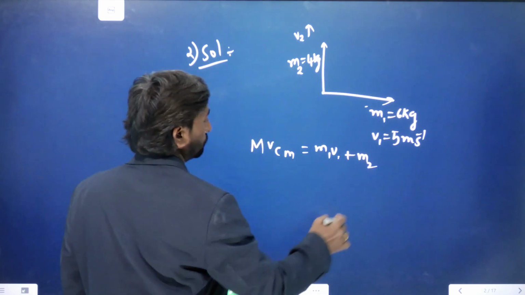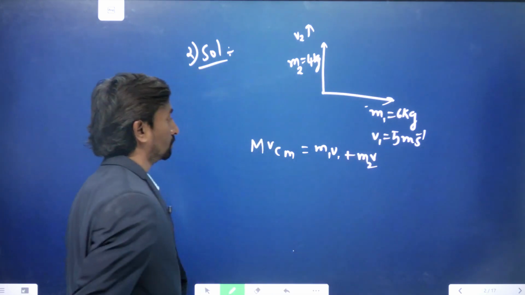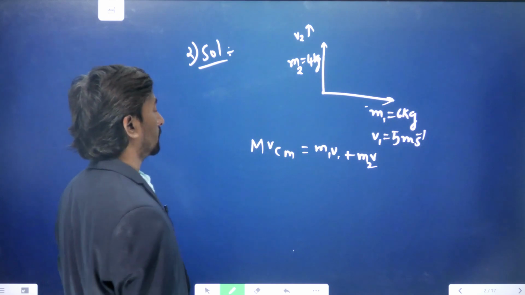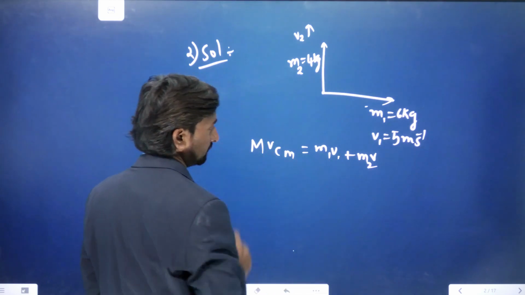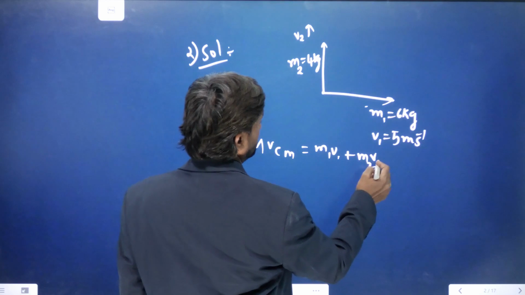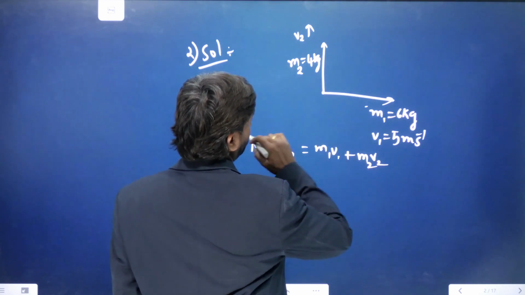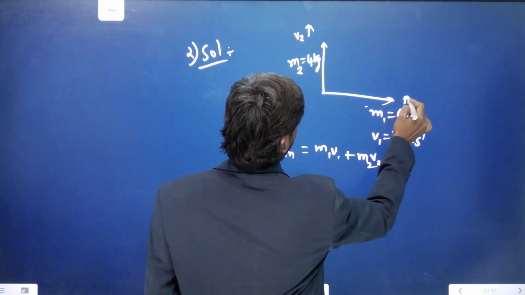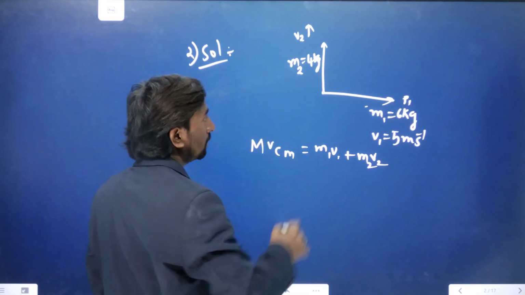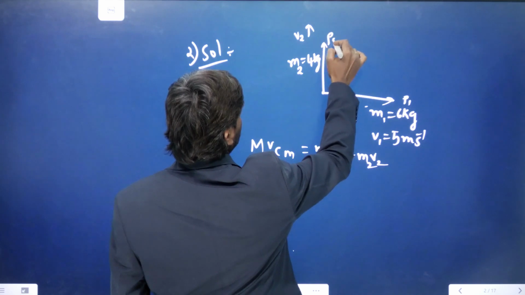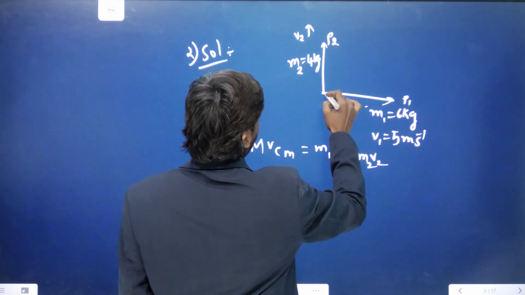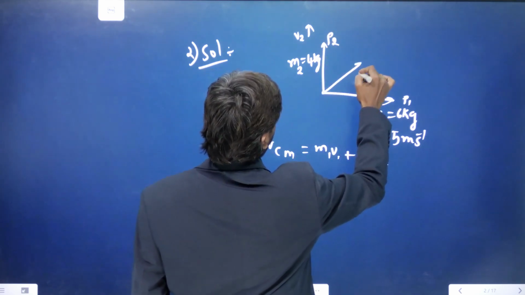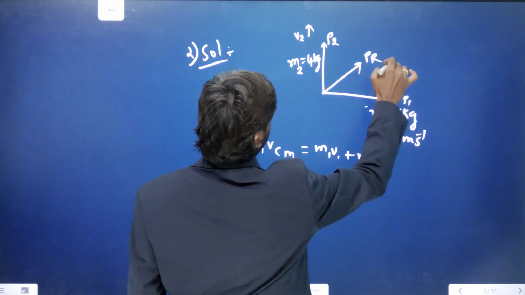This is the resultant of center of mass. So here the momentum along the x-axis is P1, and along the y-axis towards north it is P2. Now the resultant of this center of mass momentum is like this. That is the resultant momentum.